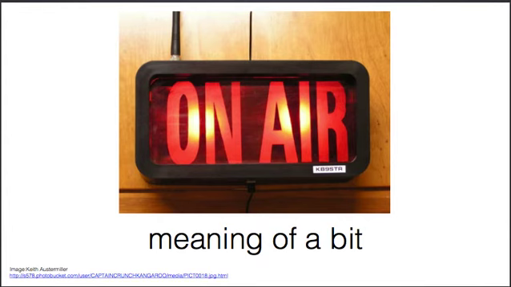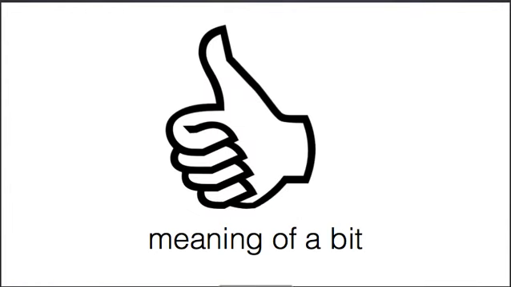The bit is 1 or 0, and we decide what it means. In ancient Rome, thumbs up meant something, thumbs down meant something else. Again, a convention: thumbs up, the gladiator was saved; thumbs down, tough luck. So the meaning of a bit is assigned outside of the bit itself.